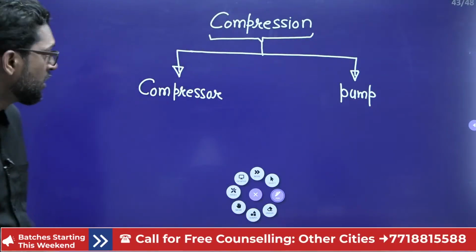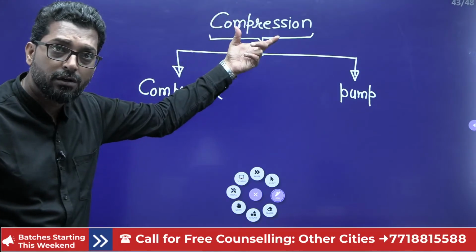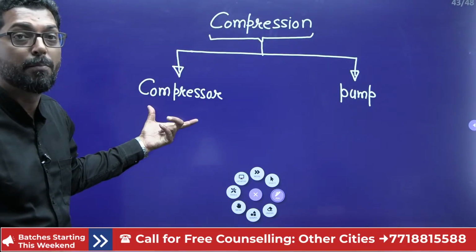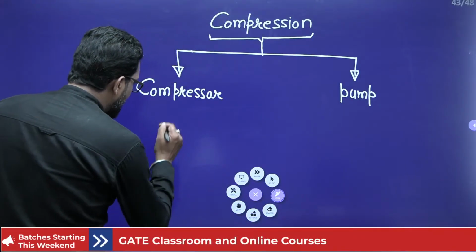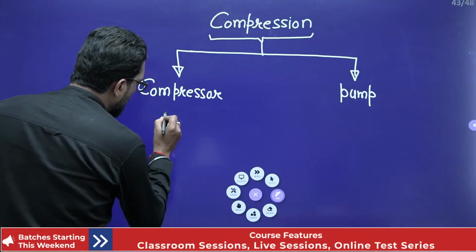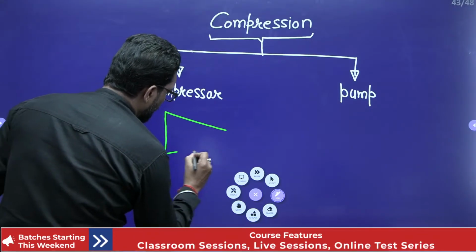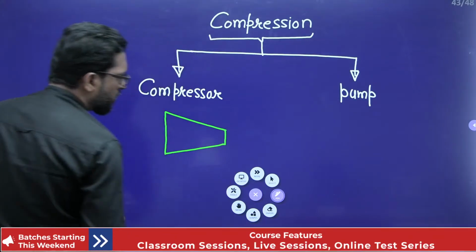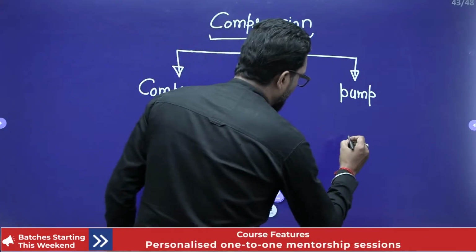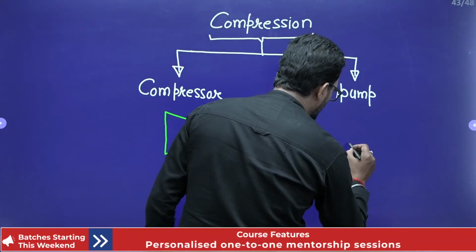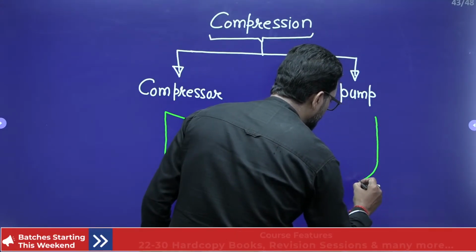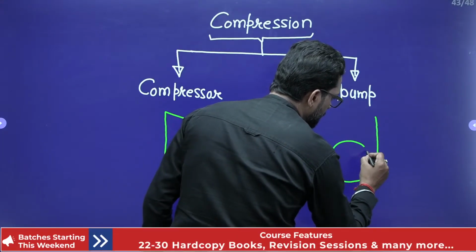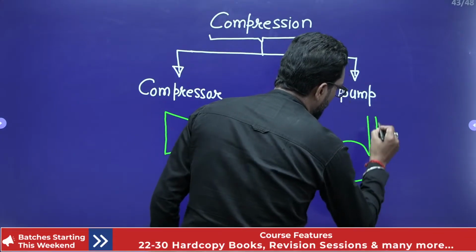This is very important. Compression of any fluid will be done either with the help of a compressor or with the help of a pump. The design of a compressor is like this. This is your compressor. This is also an open system. And the pump is like that. This is your pump.